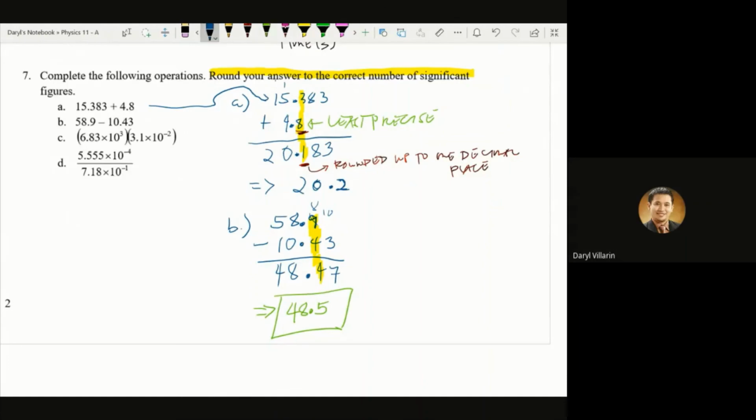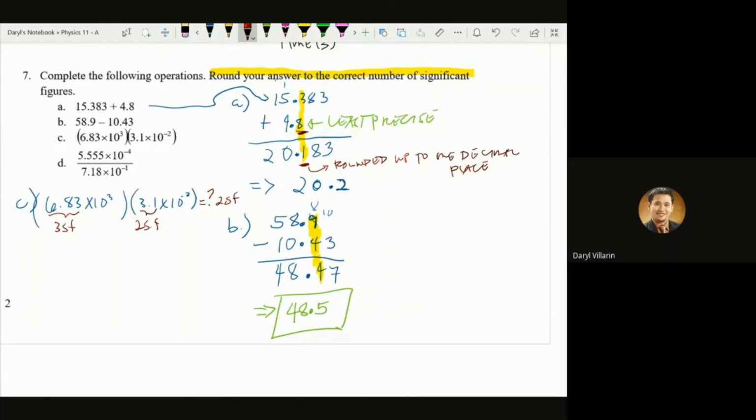So now for letter C, you're gonna take note of the number of significant digits. So let's say for 6.83 times 10 to the power of 3 multiplied by 3.1 times 10 to the power of -2. Well, you count the number of significant digits. This has 3 significant digits. This has 2 significant digits. So the answer here should have 2 significant figures.